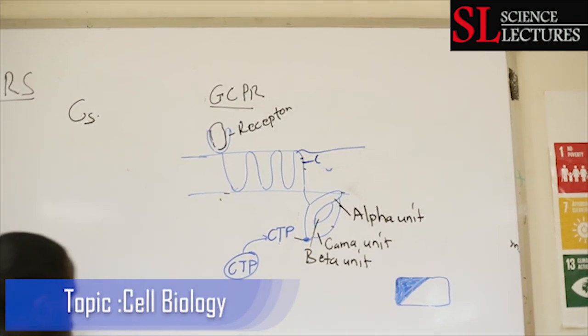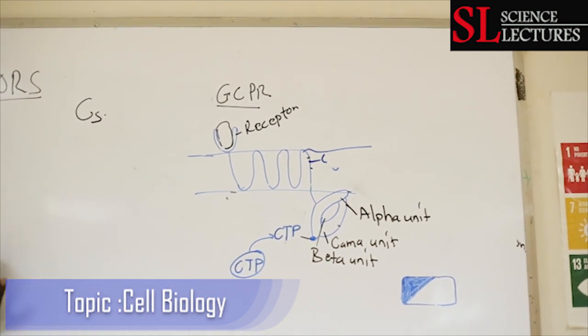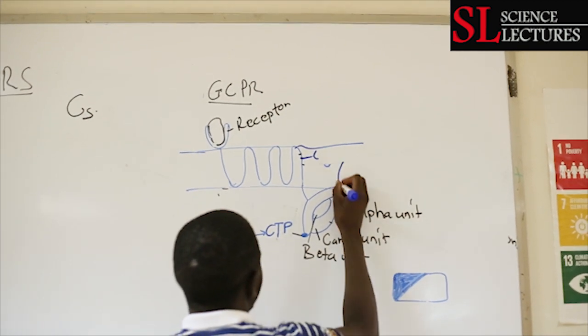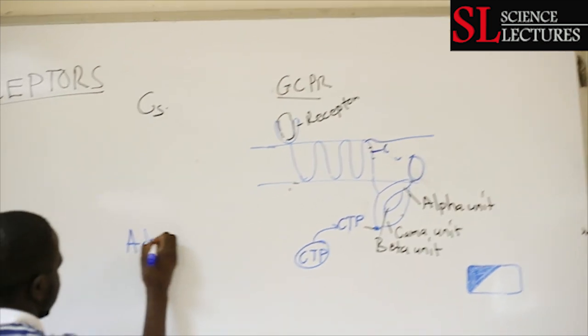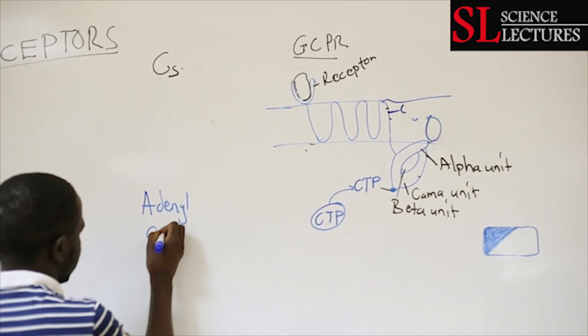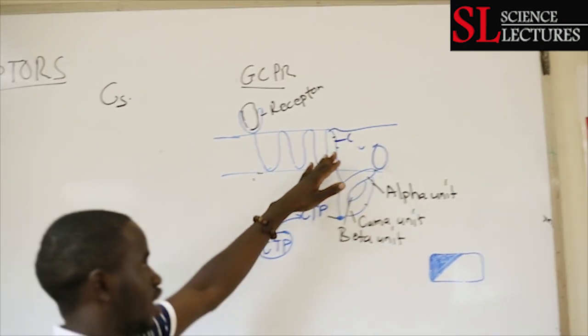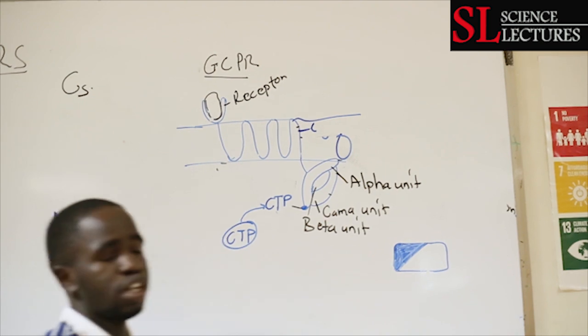Previously we said the alpha in GQ interacts with phospholipase C, but under GS it will interact with adenyl cyclase, which is also another molecule found in the cell surface membrane.